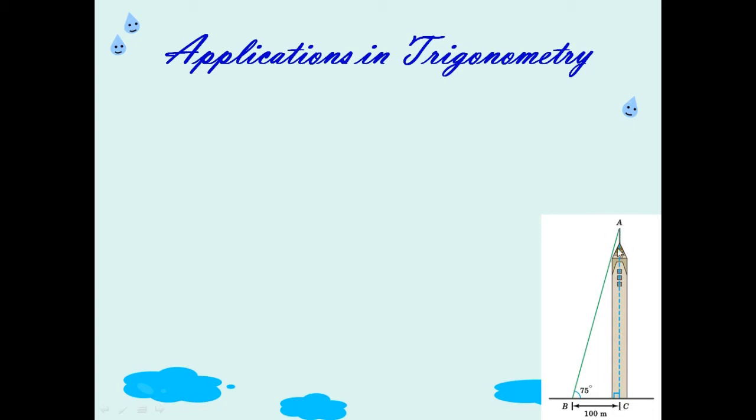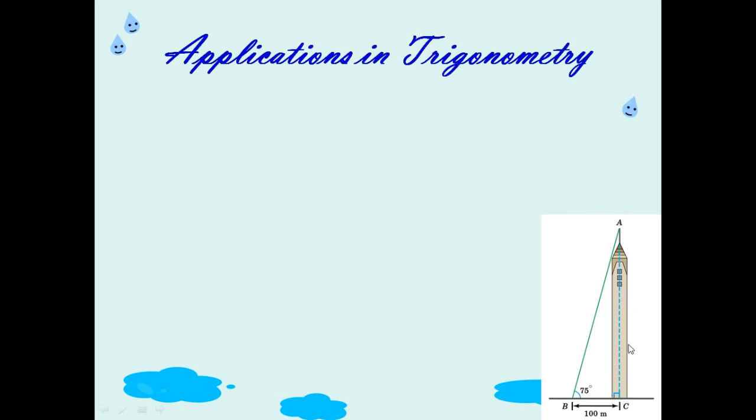Because we always assume that the building is a standard right angle with the ground, we have a right angle here. So after we draw the right angle, this will form a right angled triangle. And the required height of the building is the length of this AC.